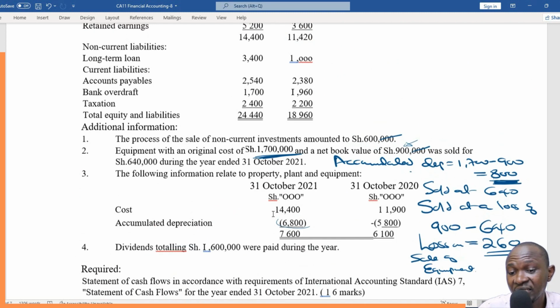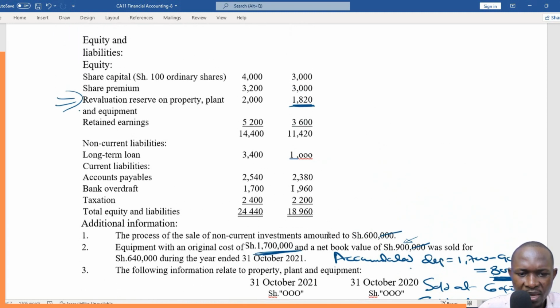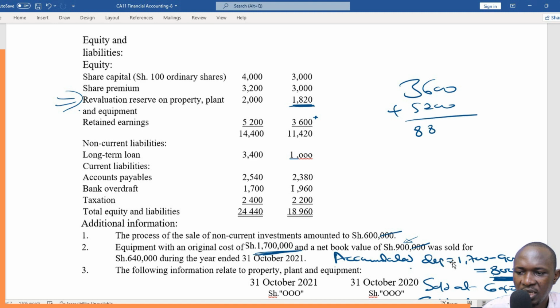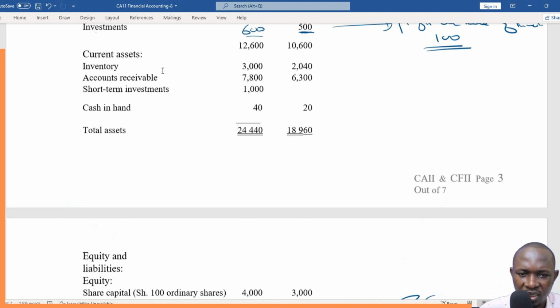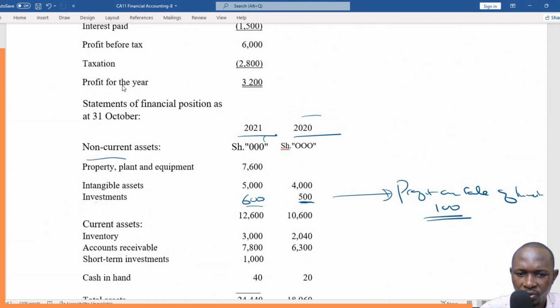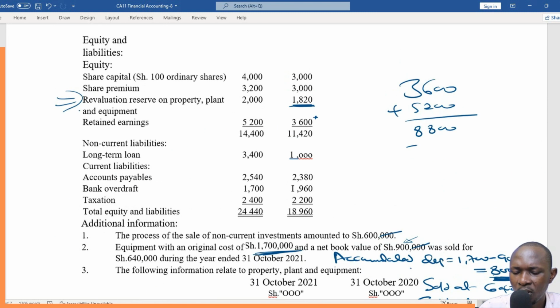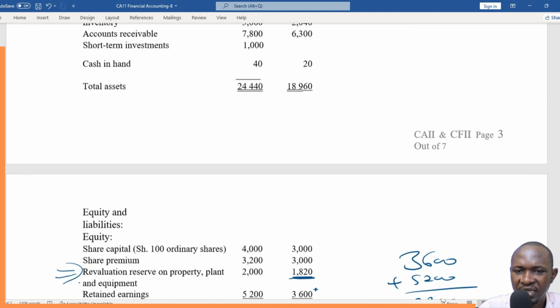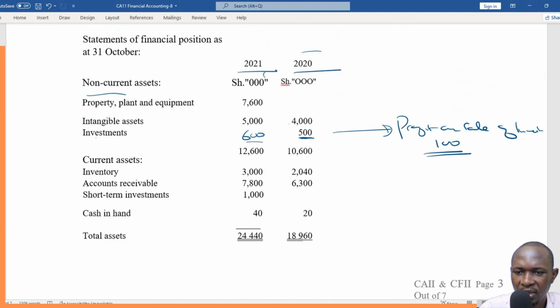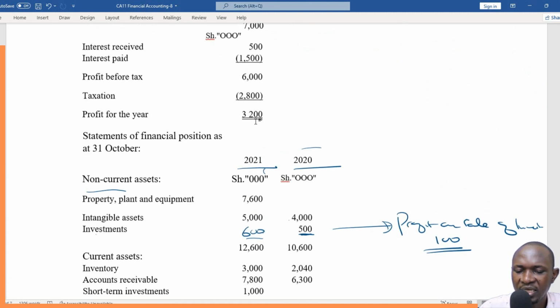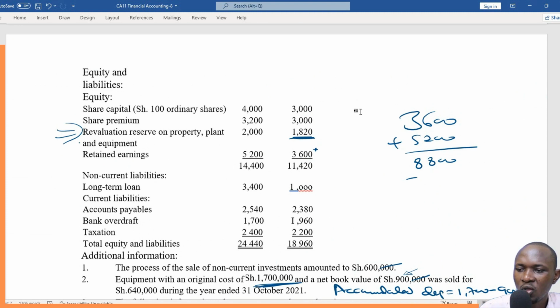But the other way of working out dividends, if you had not been given, is simply come here, retained earnings, check this. 3.6, that is at the close of the previous year, plus the profit for the year, 3.2, minus 5.2.